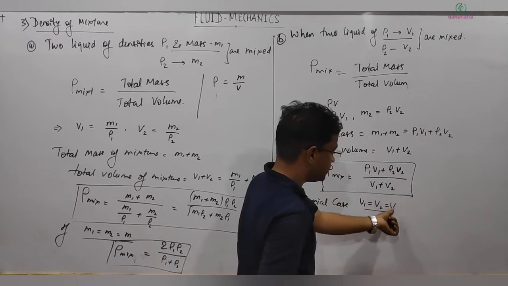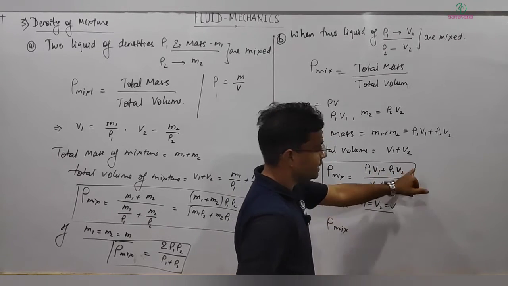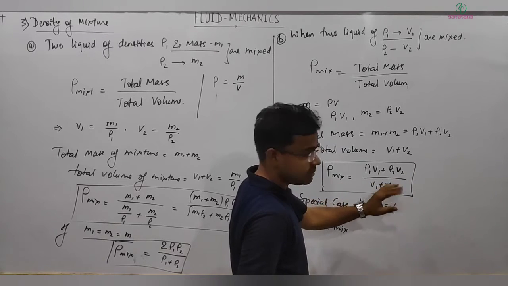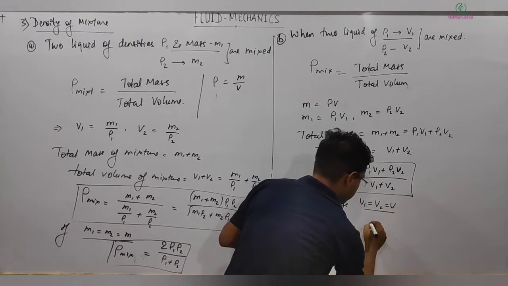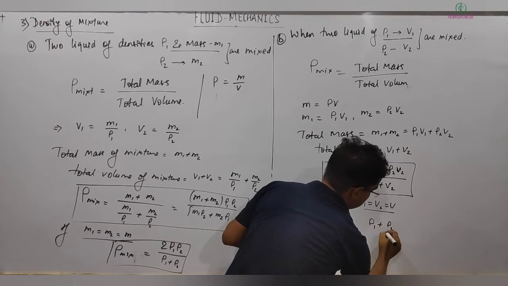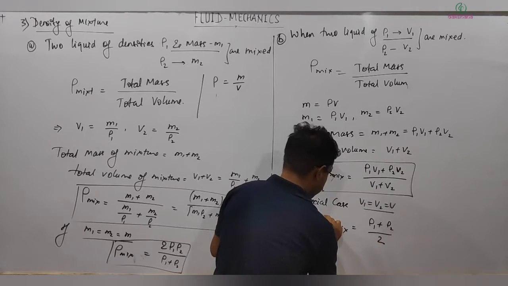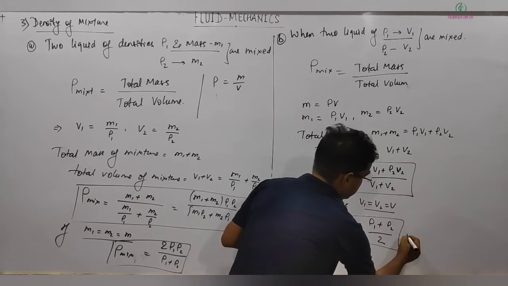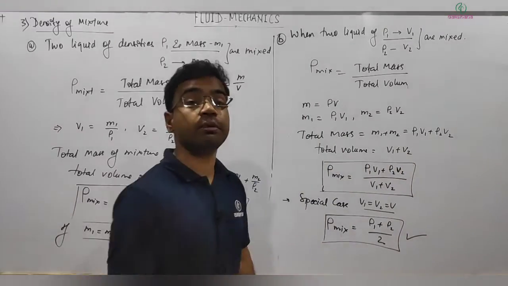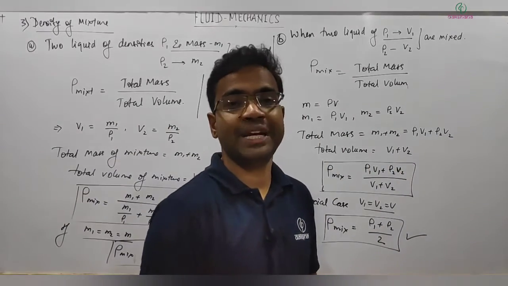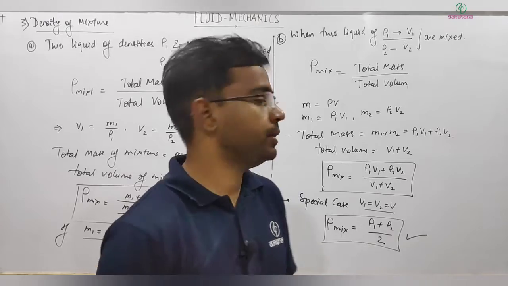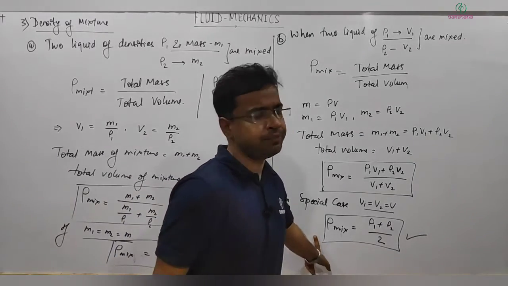V1 equal to V2 is substituted V, so V is taken out, and V plus V will be 2V, and then simplifying we get rho 1 plus rho 2 divided by 2. So it's like the average of the densities of two liquids. If liquids are mixed in equal volume, then this is the density.